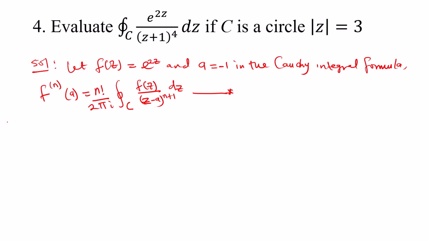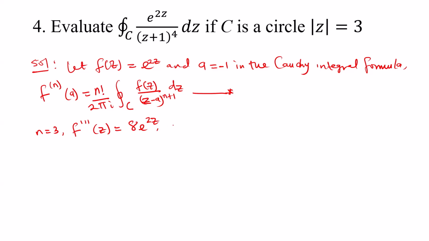Now, when n equals 3, we have that f triple prime, that is, if we differentiate f of z three times, it gives us 8 exponential 2z.